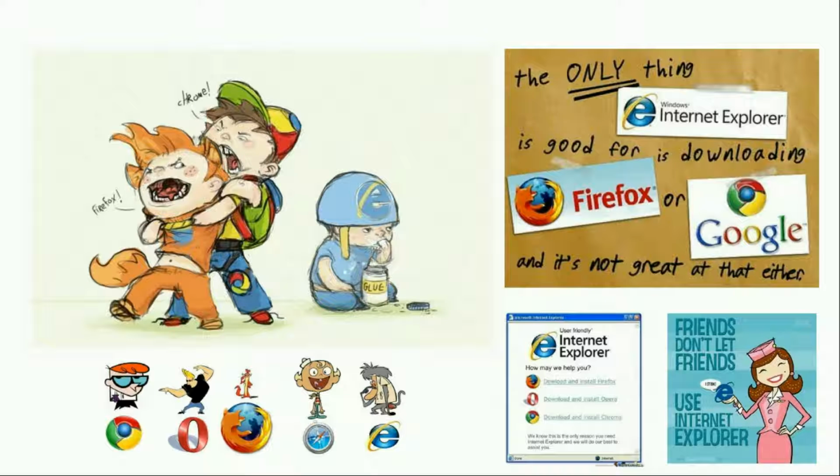So everybody who developed for Internet Explorer definitely laughed at something like that and shared among their colleagues pictures like these to try and ease the pain of dealing with the problems that Internet Explorer was bringing. Like the only good thing about Internet Explorer is that it allows you to download Chrome or Firefox.